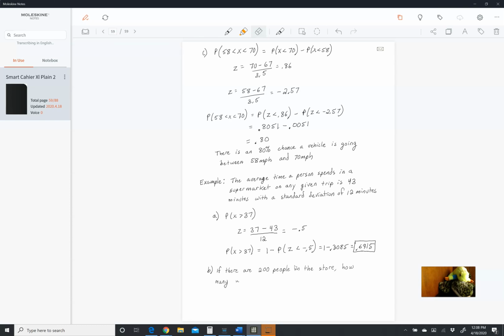So how many will shop for more than 37 minutes? All this does is it gives us a number to look at. It gives us something a little bit more exact.